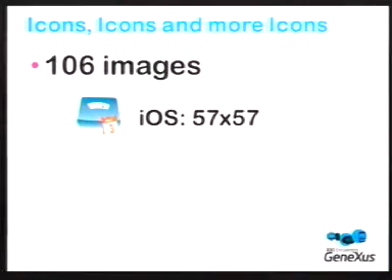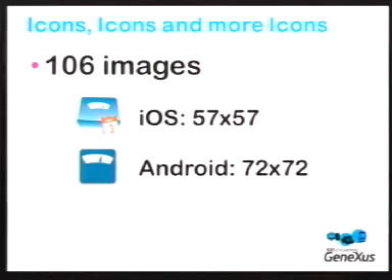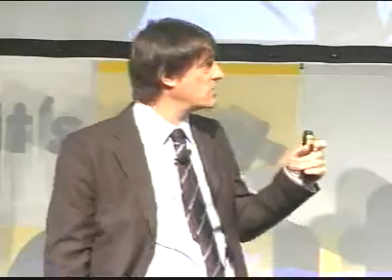An example: the main icon in the application, if I wish to apply it to Apple, must be 57 by 57, but in the case of Android, it should be 72 by 72. As you see, it's not the same, because in Android the icons must be flat, not inclined.